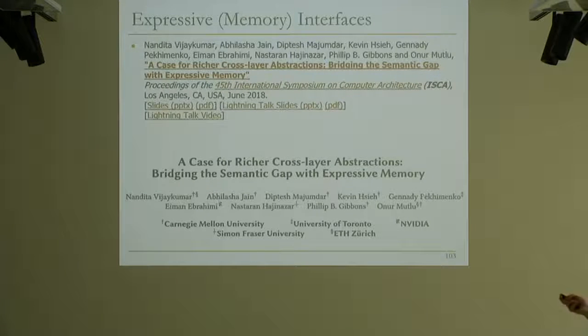The key takeaway is we want to cross these abstraction layers such that we can communicate this very rich information that's visible at the higher levels to the lower level, so that the lower level can do a lot of optimization. For example, I don't think this paper does justice to the evaluation. I think the high-level idea is great, but the evaluation itself doesn't show the full power of this sort of interface.